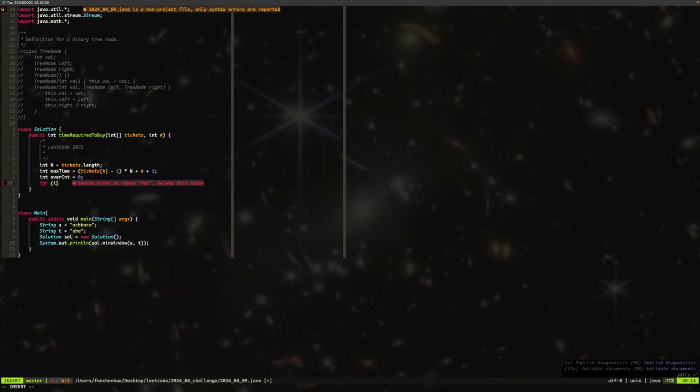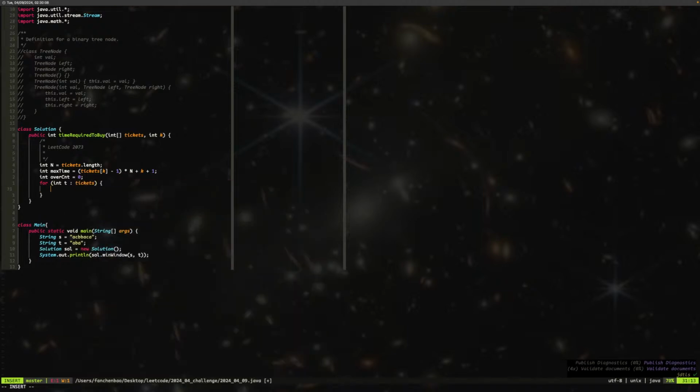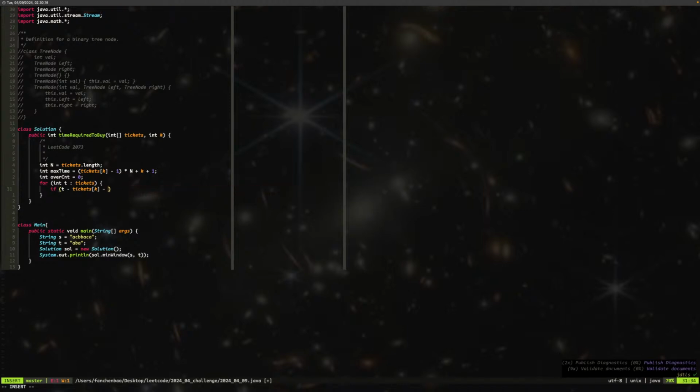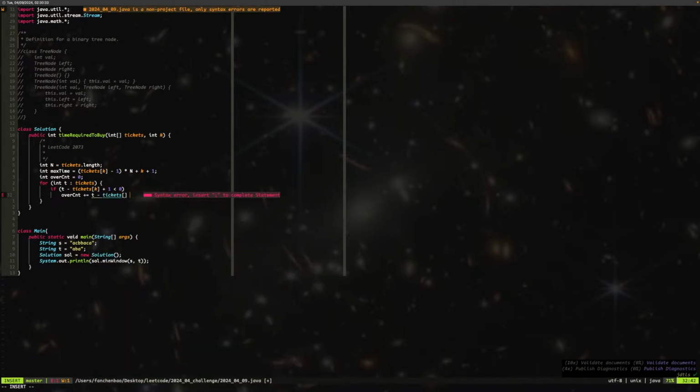And then we say for int t of tickets, if t minus tickets k minus 1, well, in this case should be plus 1, if this is smaller than 0, then we say overcount plus equal to t minus tickets k, plus 1.